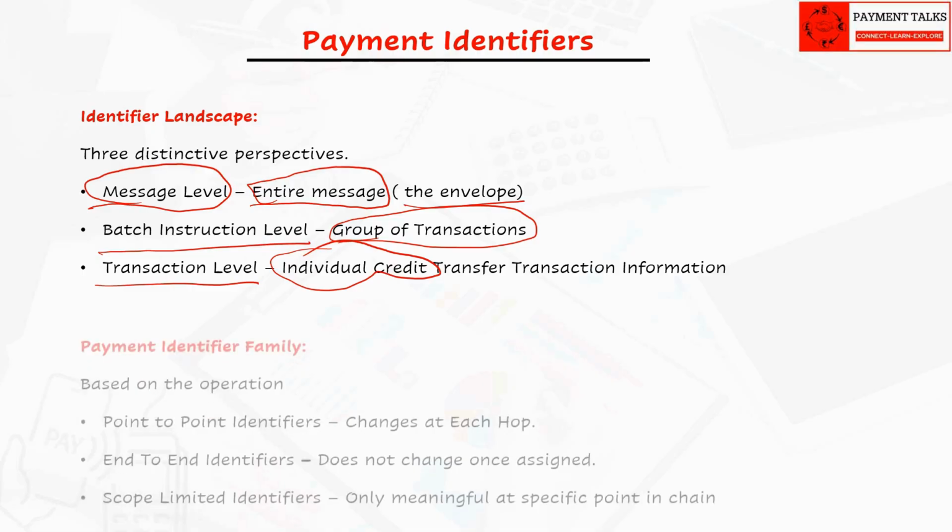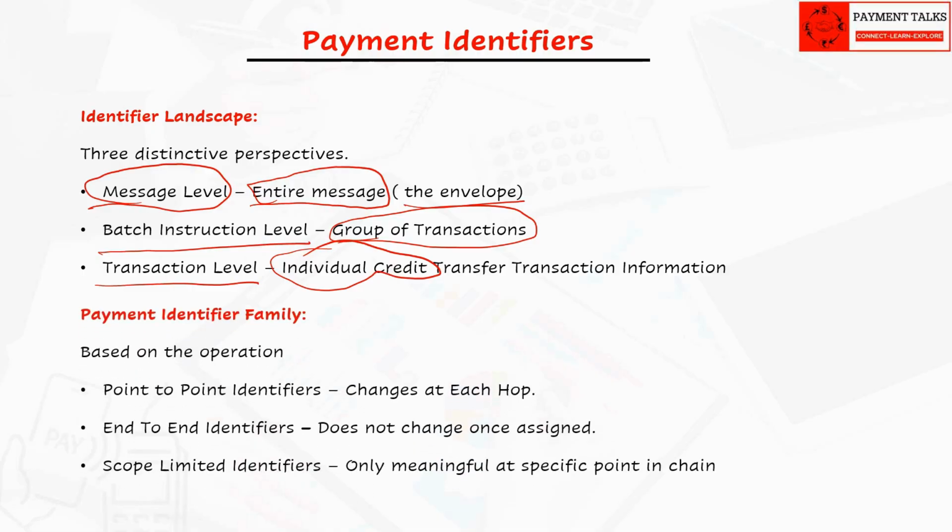Within the ISO 20022 messages, you will find a structured family of identifiers. Before going through each one, keep this mental model. Point-to-point identifiers, created fresh at each hop. They identify the current sender's instruction to the next party. They are not designed to travel end to end.